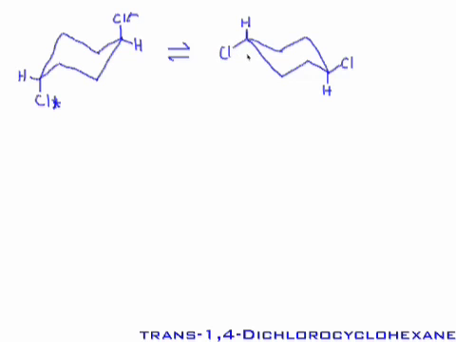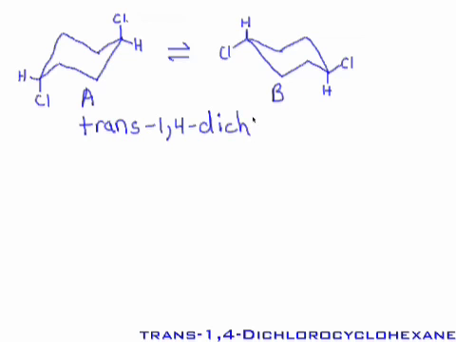Because they're less pronounced, one up, one down, it's a little harder to see. But this represents, okay, A is the less stable, B is the more stable conformer. But they are both trans 1,4-dichlorocyclohexane.